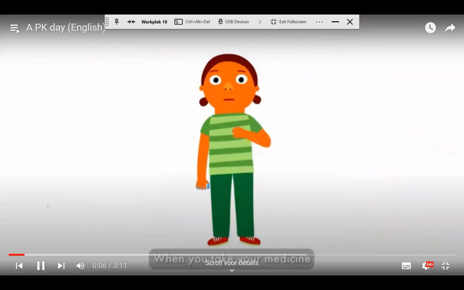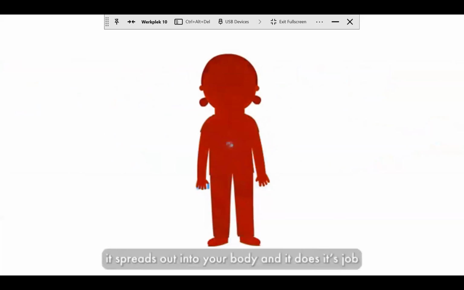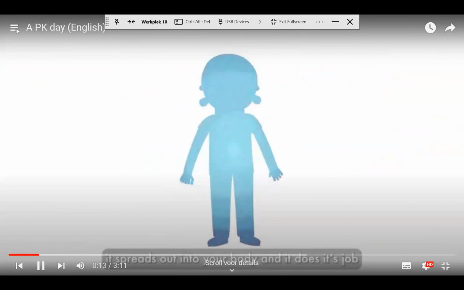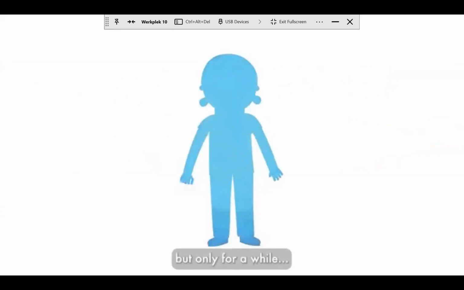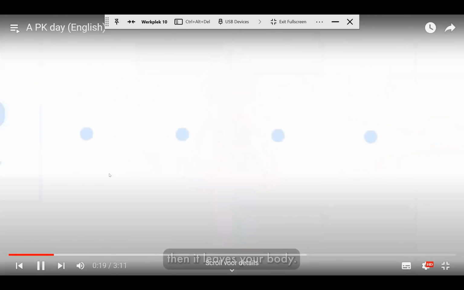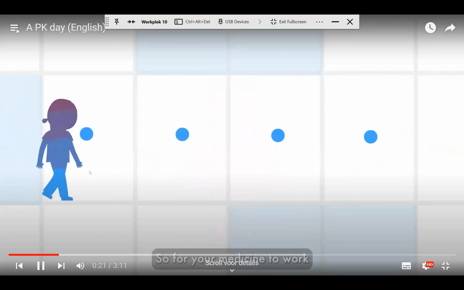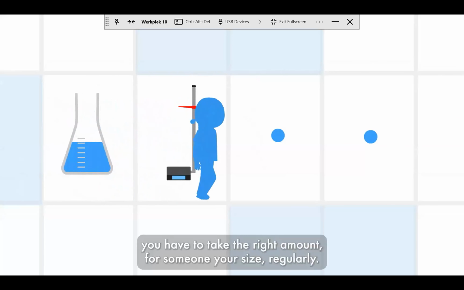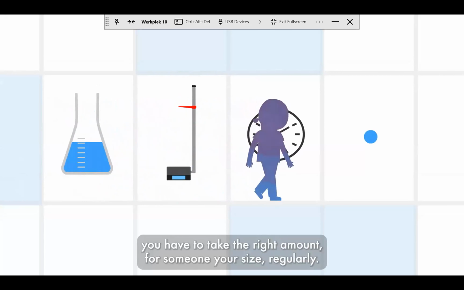When you take your medicine, it spreads out into your body and it does its job. But only for a while. Then it leaves your body. So for your medicine to work, you have to take the right amount for someone your size regularly.